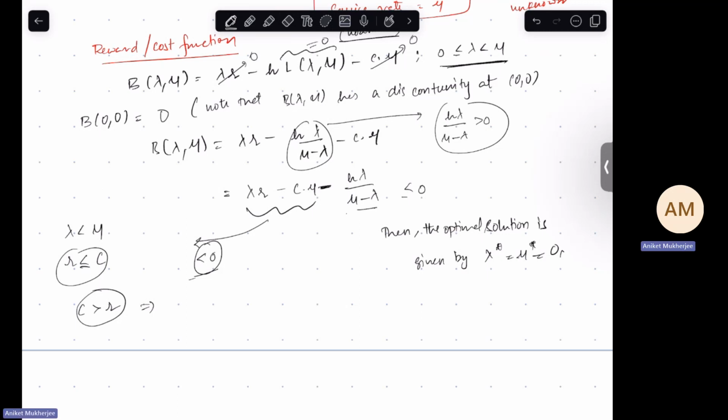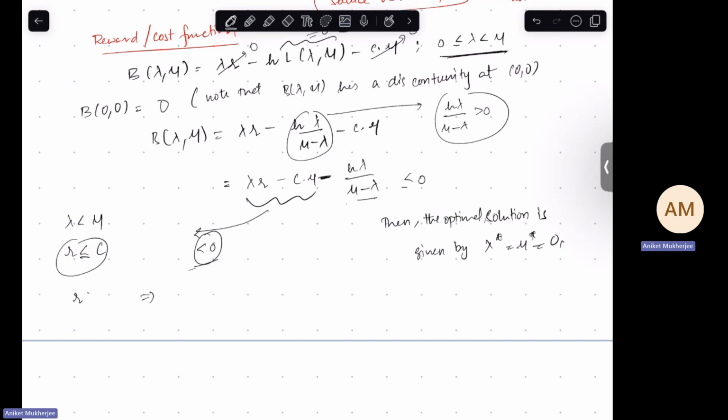If we assume R greater than C, then we can exclude the point (0,0) and just restrict our attention to (lambda, mu) such that 0 less than or equal to lambda less than mu.